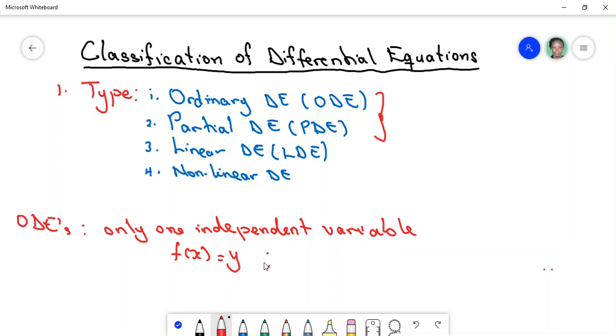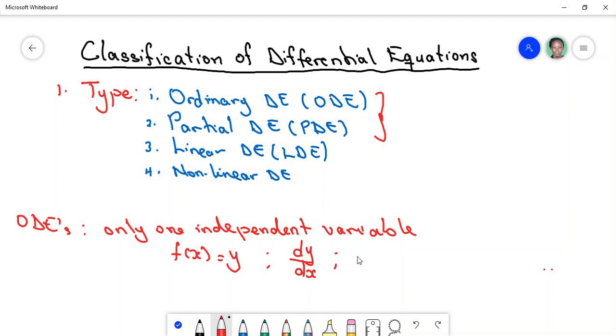So if it's the derivative, you realize that you have dy/dx, just one independent variable. But that's of the PDE, so you normally represent it as d for the ordinary.